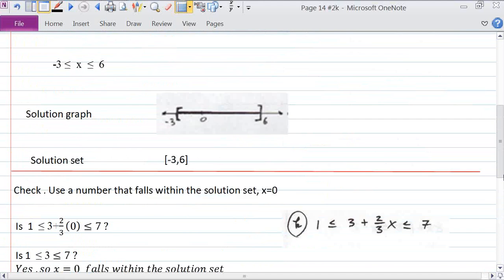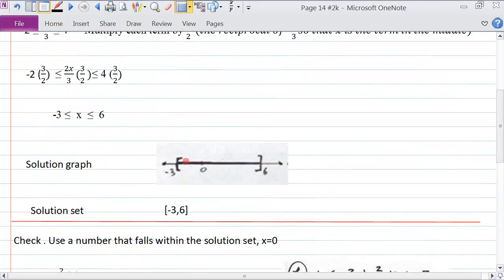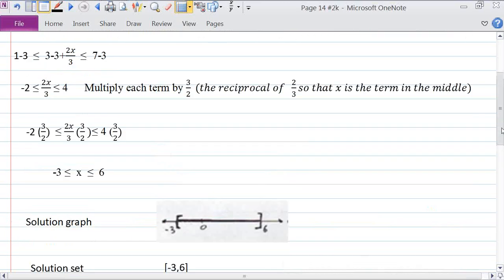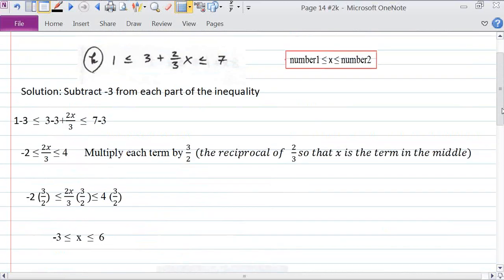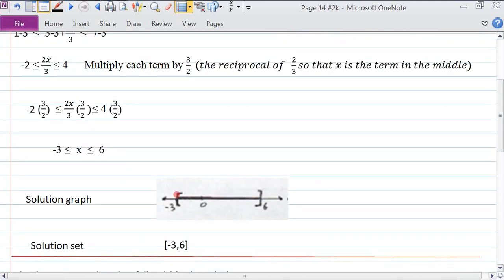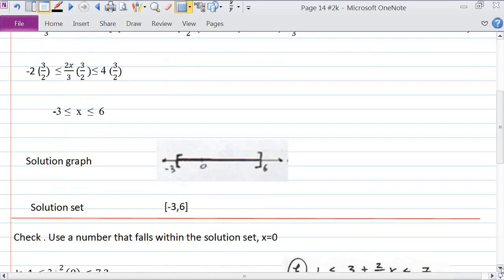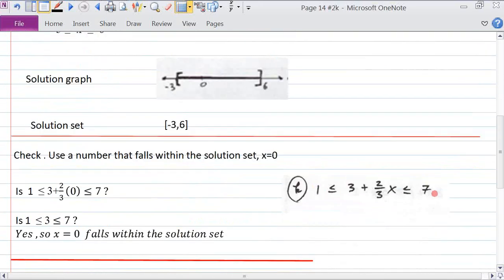So, let's go over what we've done here. We found the values of x that make the original equation true. Right over here, here's the original equation. We found that if x lies between minus 3 and 6, and includes those values, that would be a satisfactory value of x for this equation right here.